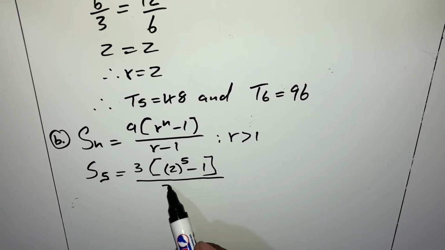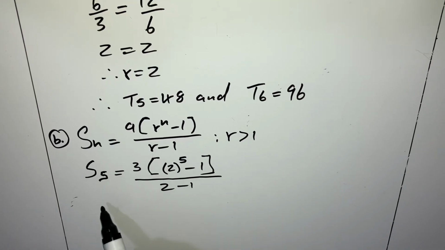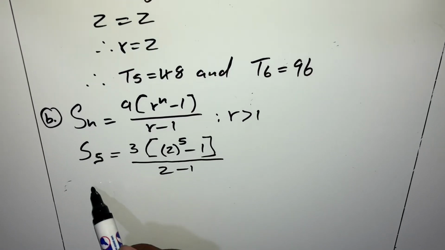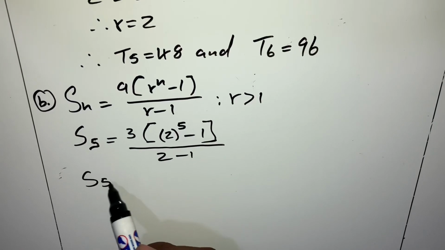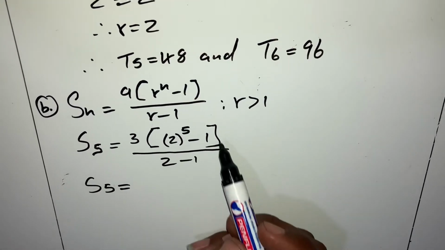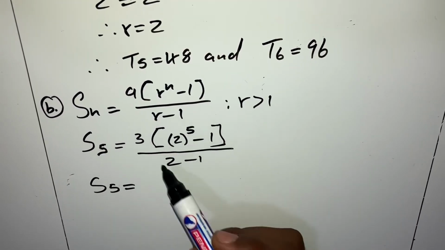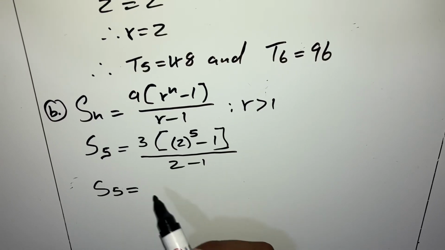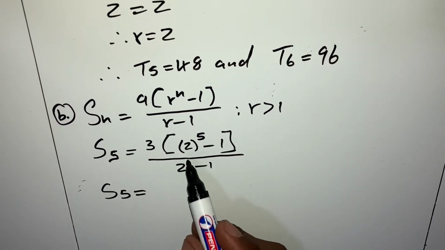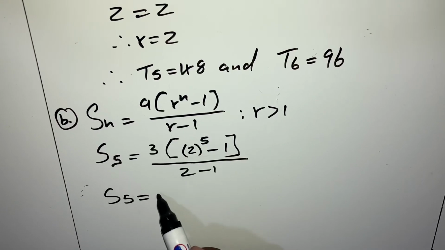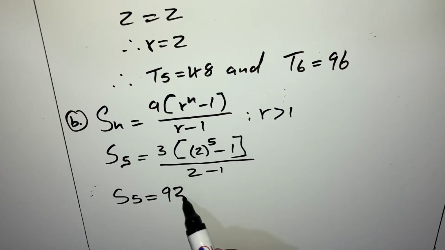Then my r is 2, subtracting 1. Then for my sum of the first 5 terms, you'll punch this on your calculator. You'll get that the sum of the first 5 terms is 93.